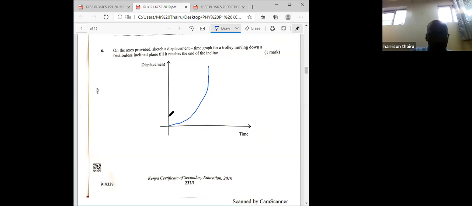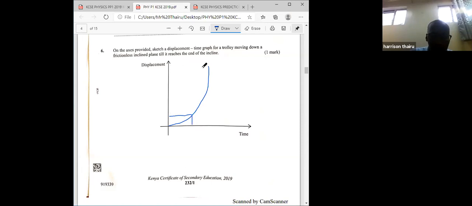For example, here, if I draw both read-off lines, you note that a smaller displacement takes a longer time, meaning that the body here was moving slowly.